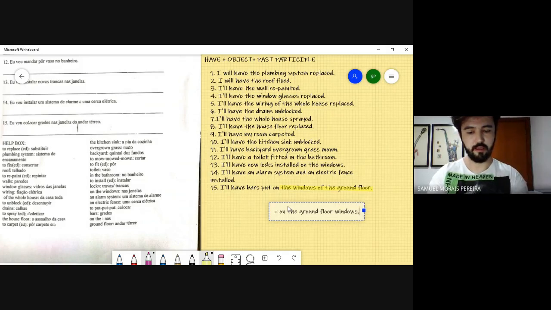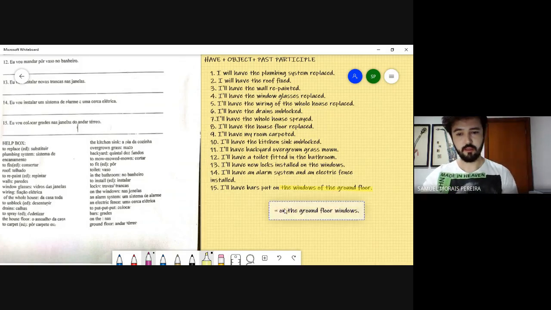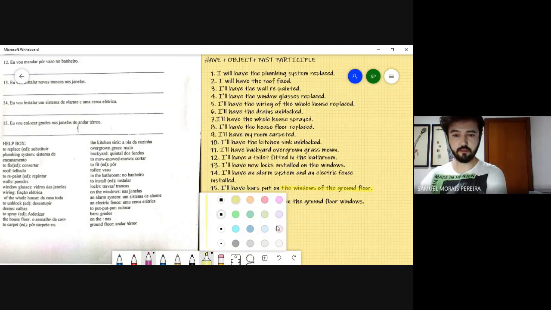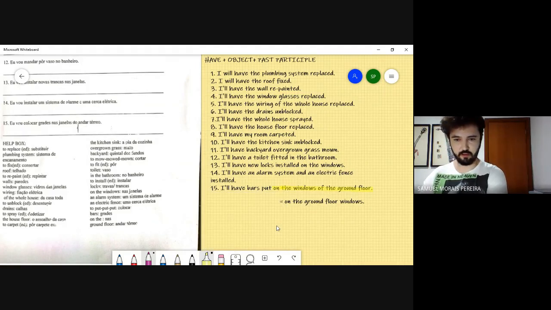So as you can see, the part of the sentence that says on the windows of the ground floor can also be on the ground floor windows. So as you can see in English, sometimes we change the position of the words, okay? Like the ground floor is here now, and then the windows, the word windows, right, is there.